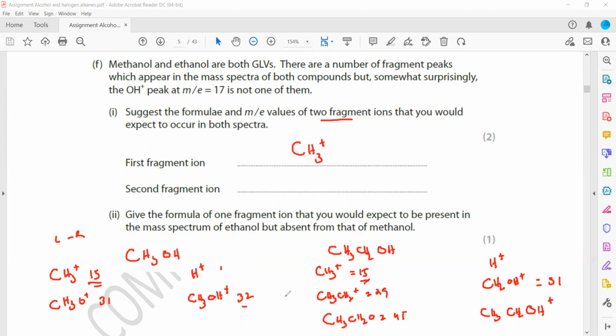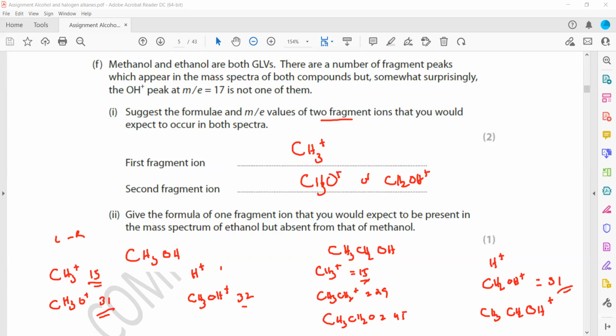The second fragment with a common mass is CH3O or CH2OH, which both have 31. So we cannot distinguish which molecule it comes from. We can write CH3O, or we can also say CH2OH. These are the ions which can be common, their mass to charge ratio being the same.